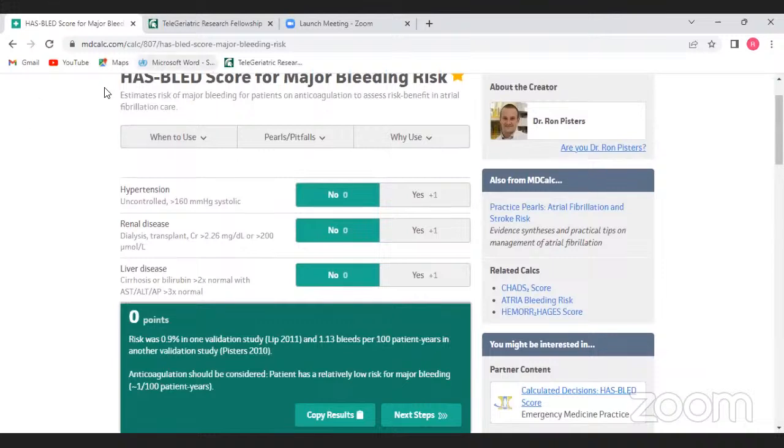For the name of the score, each letter of the name is based on the variables used to calculate that score.